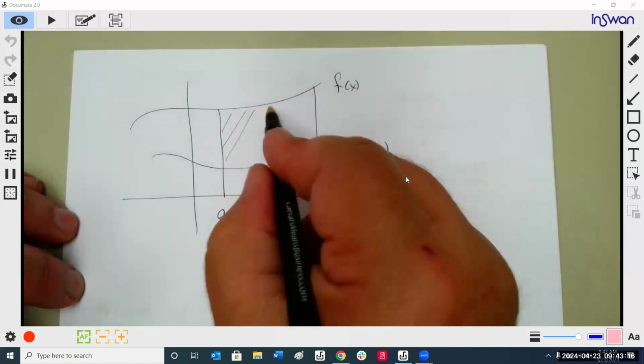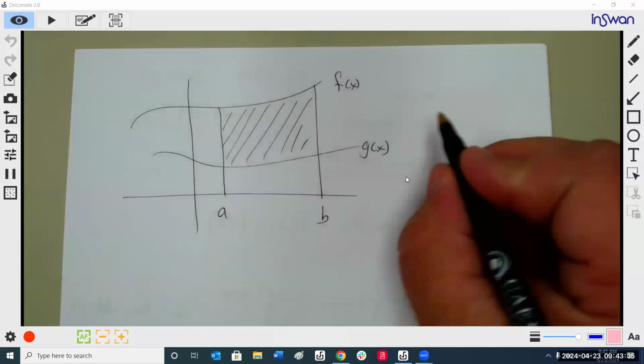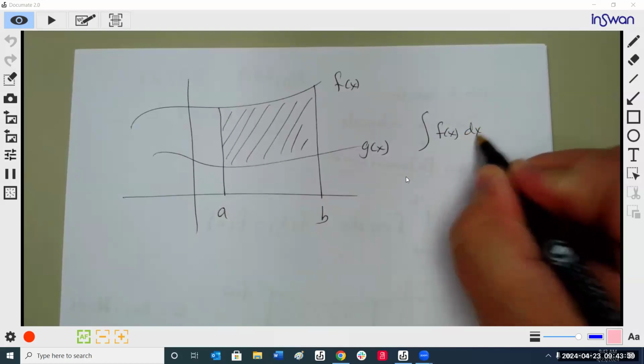I want to know this area. How am I going to find it? Think of what the integrals find for us. What does the integral of f of x find for us?